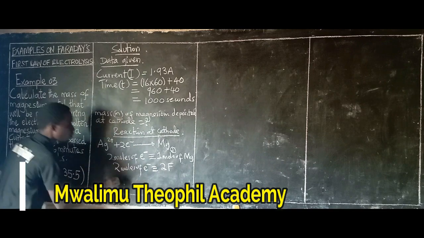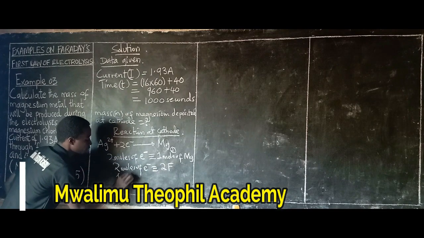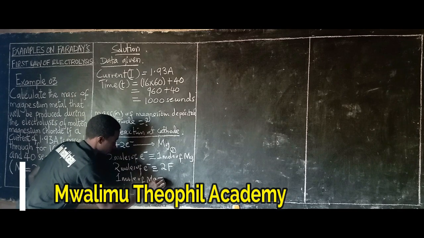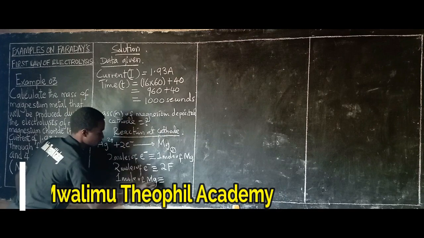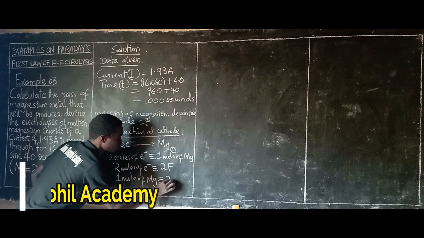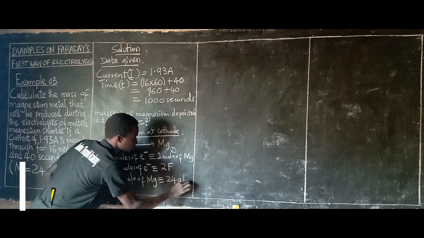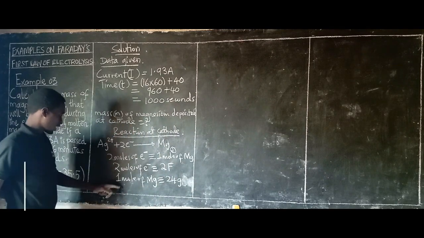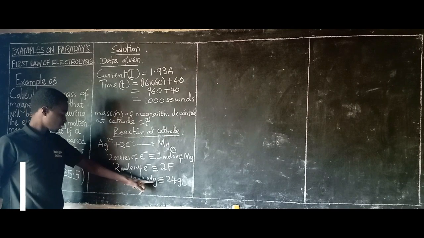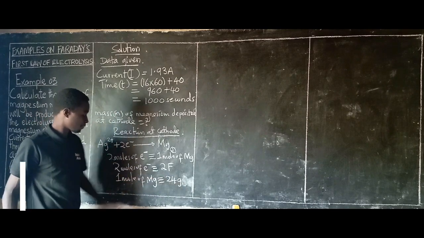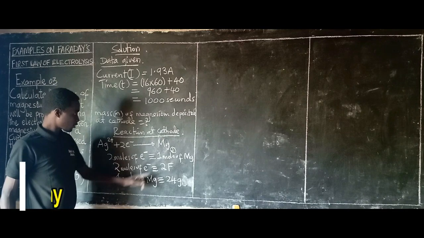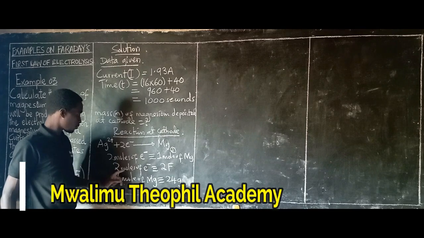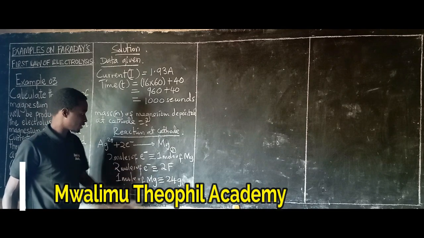Also, you have to know 1 mole of magnesium is equivalent to 24 gram per mole. I can say 24 gram. So in place of 1 mole of magnesium, I'm going to put 24 gram, and in place of 2 moles of electrons, I'm going to put 2 Faradays.